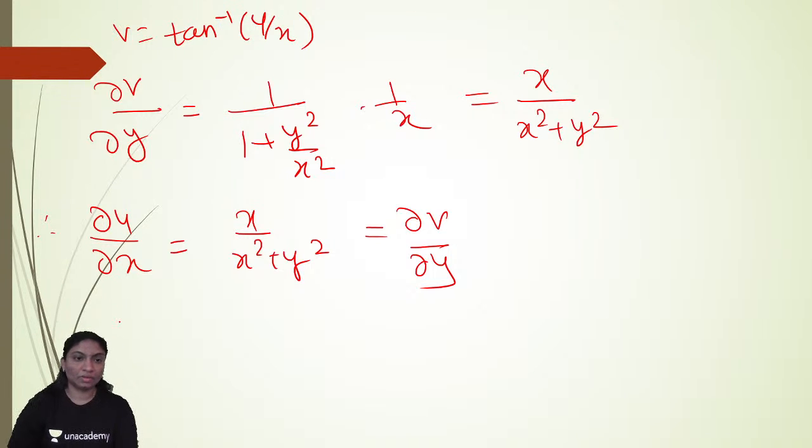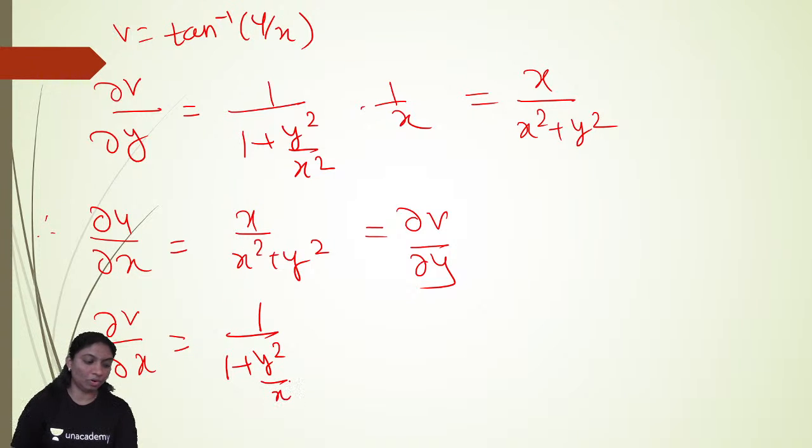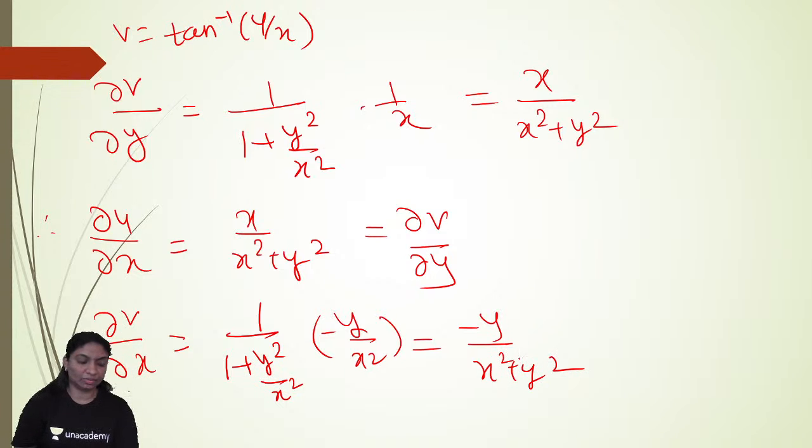Now we will calculate ∂v/∂x. So ∂v/∂x is equal to 1 upon 1 plus y square upon x square, into minus y upon x square, which equals minus y upon x square plus y square, as x square cancels out.